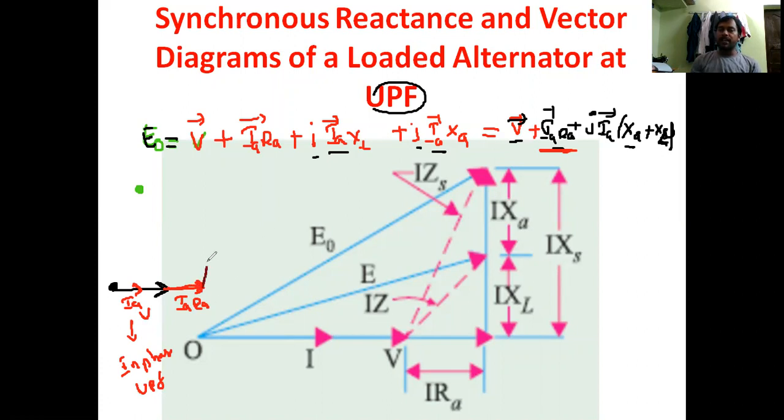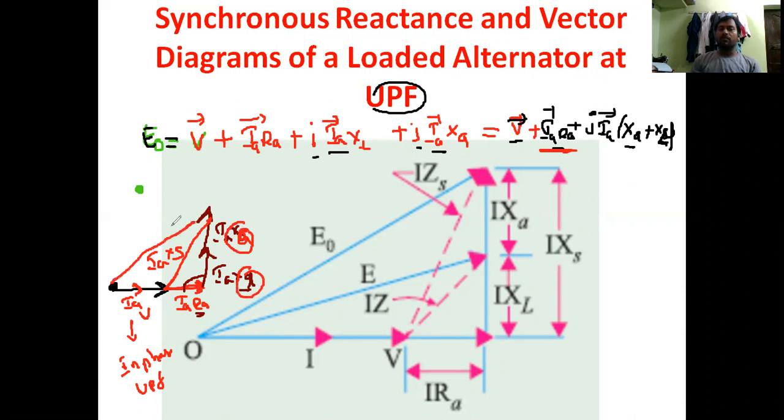Next is IA XL. This is IA XL because of the 90 degrees phase shift between resistance and reactance. Next is IA XA. This is nothing but IA XS, where XS is the sum of the leakage reactance plus armature reactance.